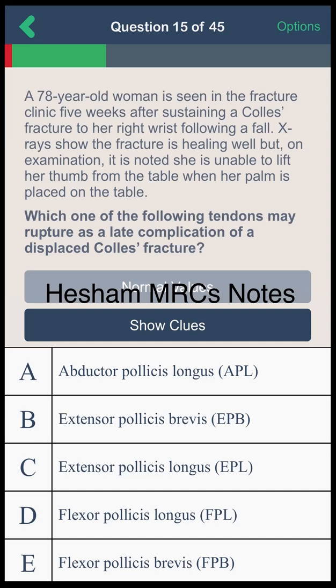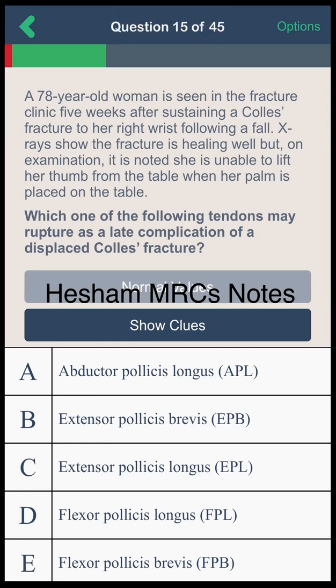The extensor pollicis longus is the most medial and the most prominent, while laterally are the extensor pollicis brevis and abductor pollicis longus, the first part of the extensor compartment. The floor of it is the scaphoid bone. In the roof is the cephalic vein, and the content is the radial artery. You can feel the radial artery pulsation in the anatomical snuff box.